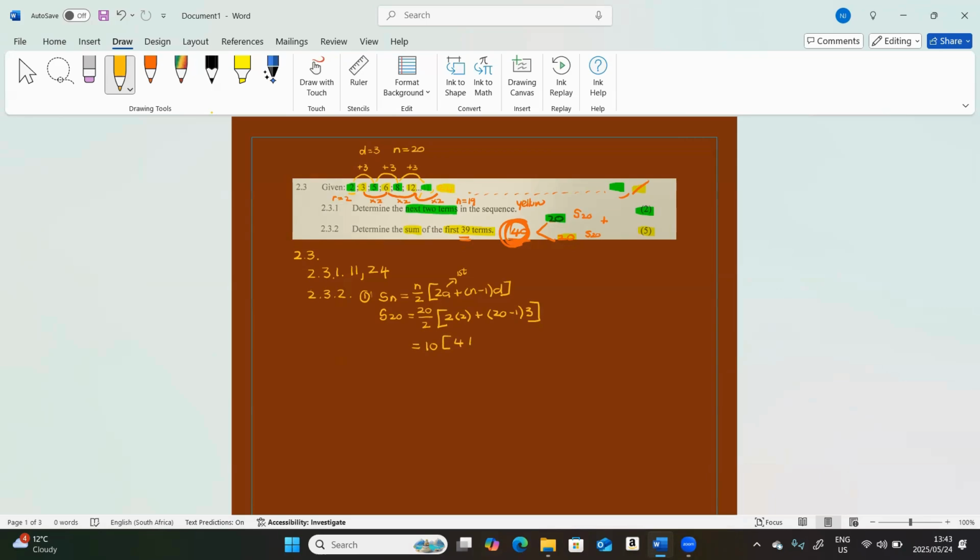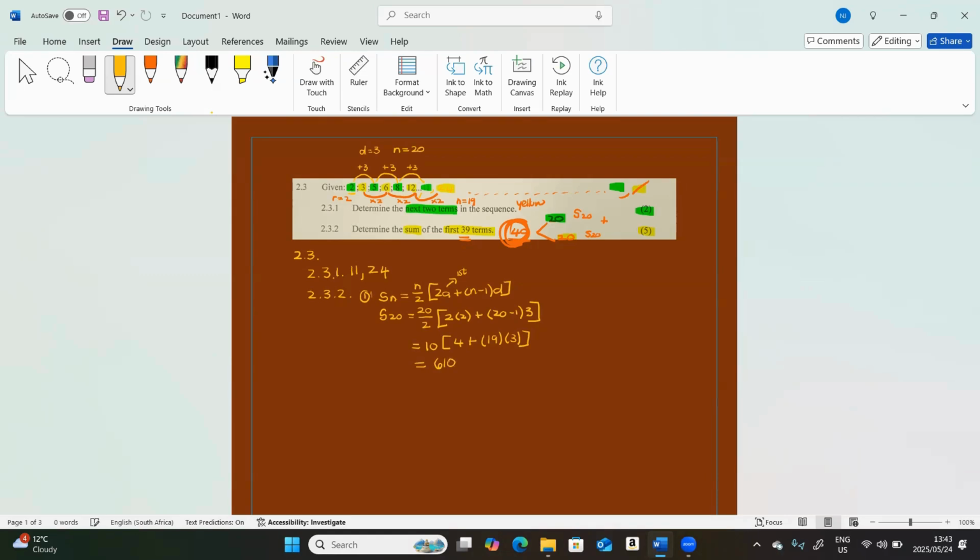And then 20 minus 1 is 19. We keep this in brackets. Why? Because we still have to multiply that by 3. Close your bracket. And then you can type this simplified version in your calculator, and you get your answer for the sum of the first 20 terms, and that will give you 610.